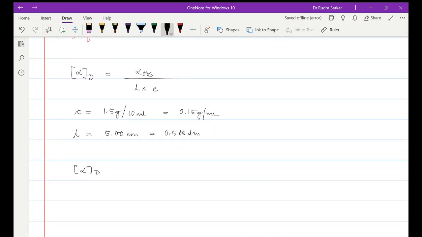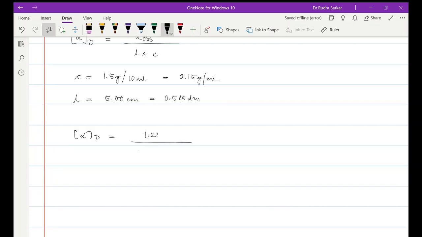Now if you do the math over here, you will get the value in the positive, and that should come out to be 1.21 divided by 0.15 divided by 0.5, that is 16.13 degrees.